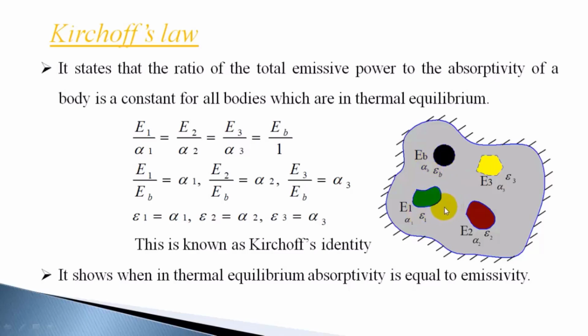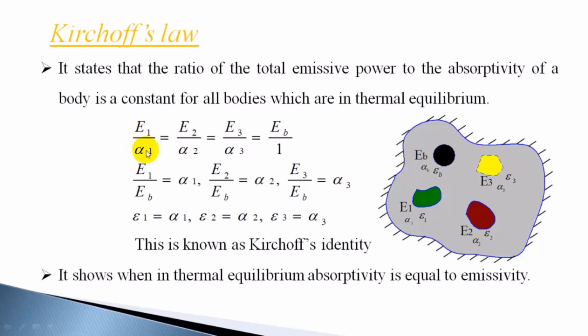Now, Kirchhoff's law states that the ratio of emissive power, that is total hemispherical emissive power E1, to absorptivity alpha 1, the fraction of radiation absorbed by the surface, that is absorptivity. So the ratio of total emissive power to absorptivity is a constant for all bodies which are in thermal equilibrium. That means E1 by alpha 1 is equal to E2 by alpha 2 is equal to E3 by alpha 3 is equal to EB by alpha B. Now alpha B, we know it is the absorptivity of a black surface and it is equal to 1.